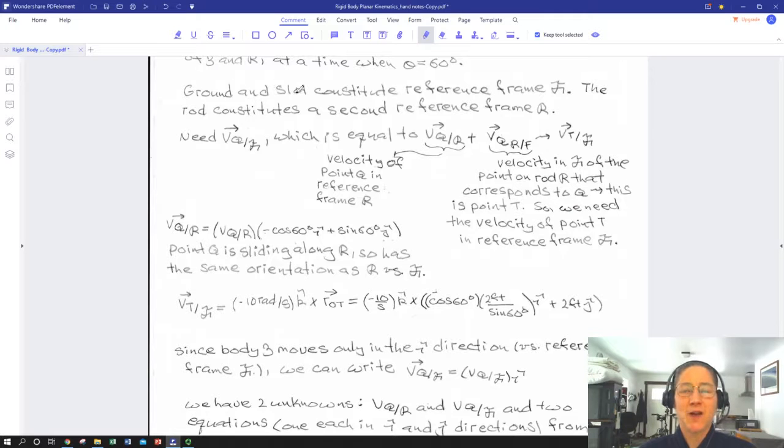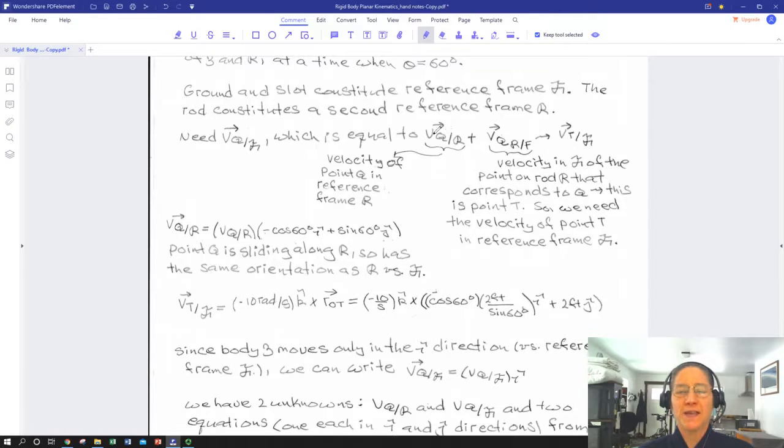So as I was saying, ground and the slot are going to serve as our fixed reference frame F. The rod is a second reference frame. We'll call it R. This is going to be kind of like B back in our derivation. So we're going to need to find the velocity of Q with respect to the fixed reference frame, the bearing reference frame we'll call it.